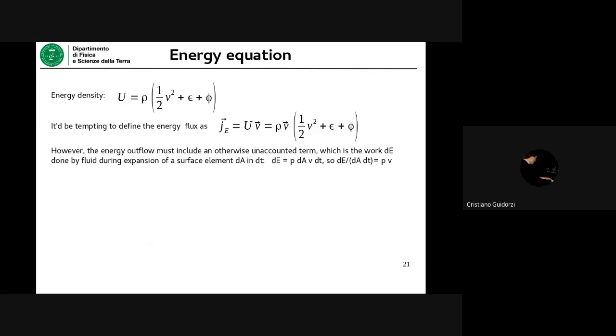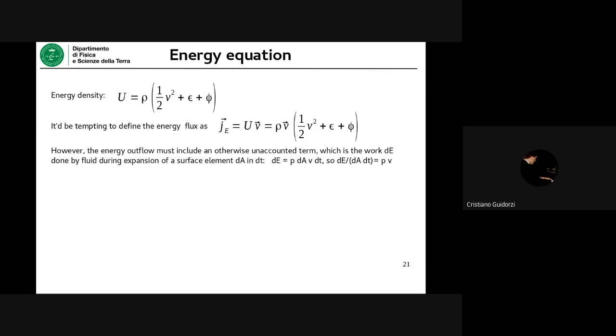Well, you know that expansion of a fluid doesn't come for free. You have to spend work to do that. In particular, let's suppose that the elementary surface dA is pushed and is expanding with velocity v. So v dt is just the displacement undergone by the surface element during the expansion.